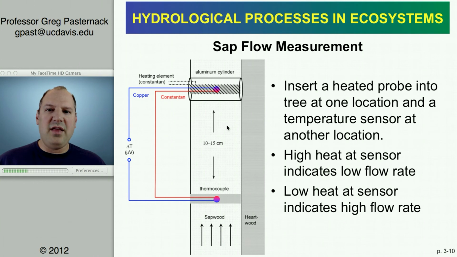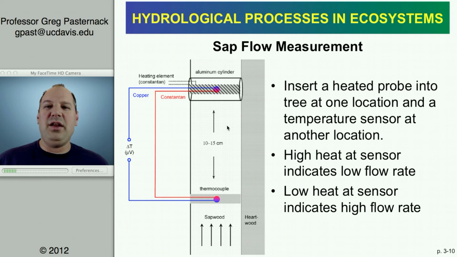Now that you understand that water flow through the tree is driven by a gradient in water potential, I can explain to you how we can take advantage of that to measure transpiration. What I really wish we could do is go to the leaves of the tree, to those air pockets, and actually see the evaporation as it's occurring. But of course, that evaporation is taking place over a very large number of leaves, so it simply doesn't make any sense to try to do that.